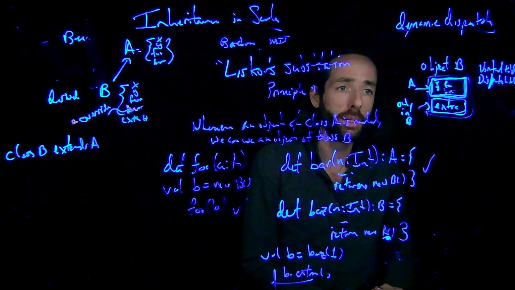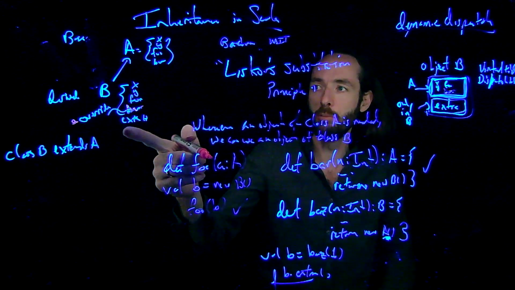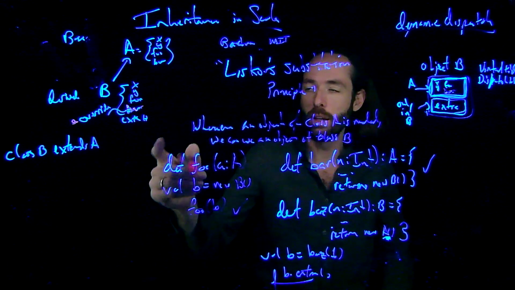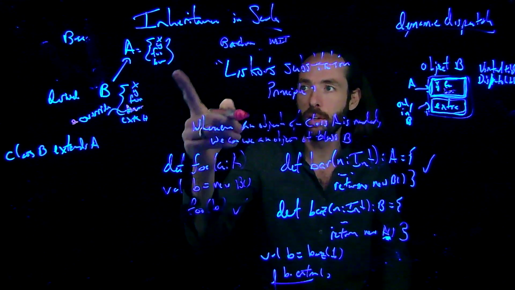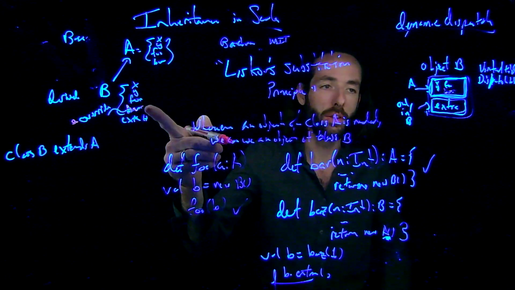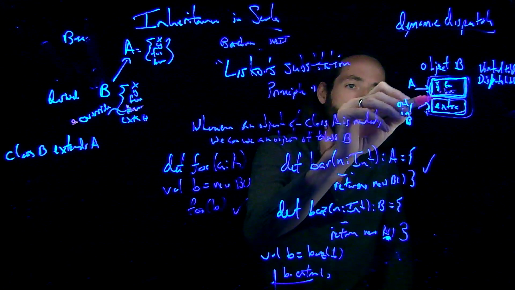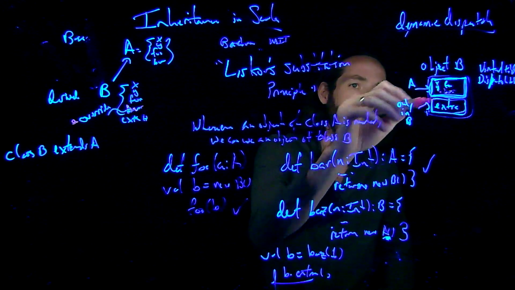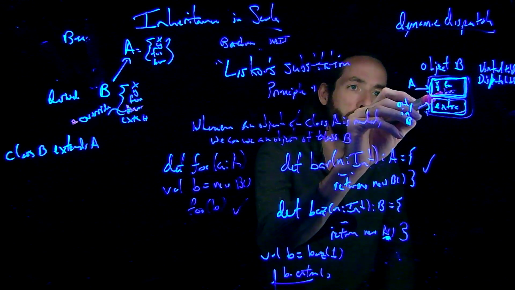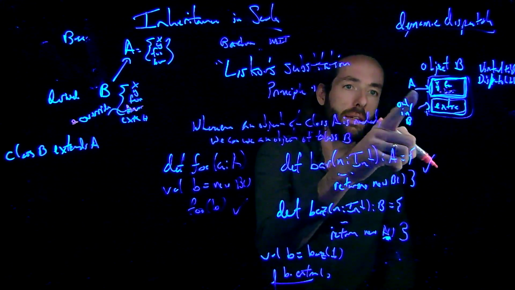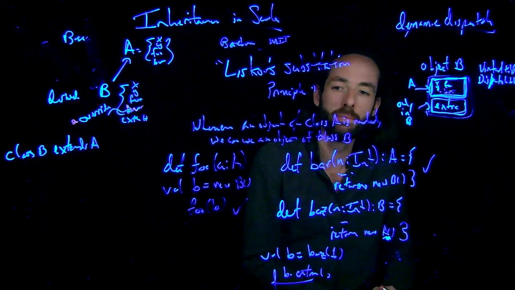So the idea behind dynamic dispatch is that if I have elements of B and elements of A, and I try to call a shared function on both of them, the B ones will call the override version, while the A ones won't. Right, and that's because the overrides exist in this copy of A inside of the object of B. So when we upcast B into a class A, it keeps its override.